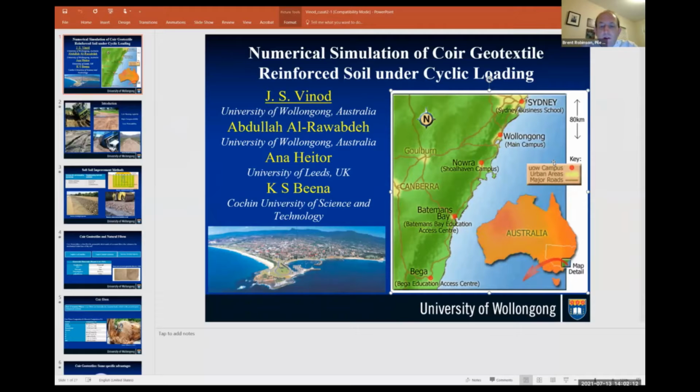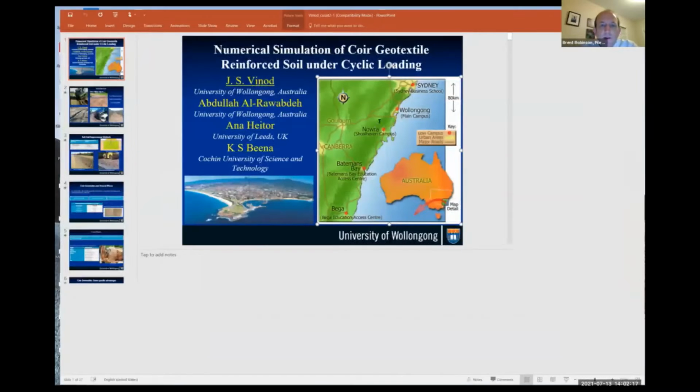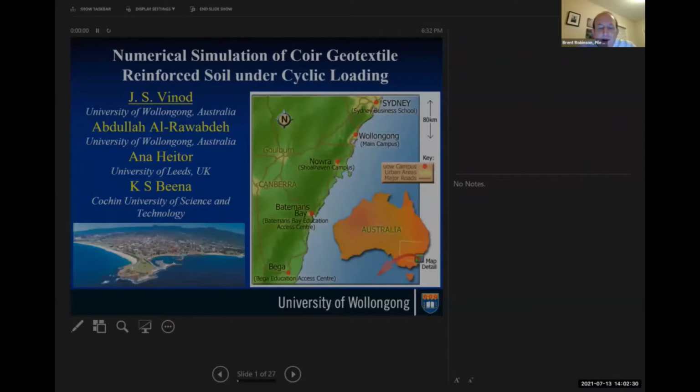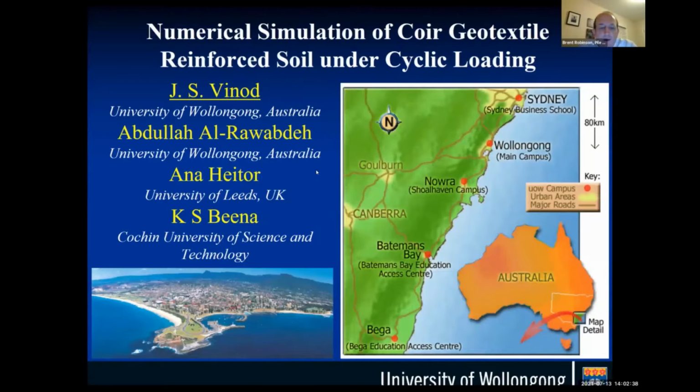He received his doctoral degree in geotechnical engineering right here in Bengaluru at the Indian Institute of Science, and then worked as a research fellow there and at the University of Wollongong before joining as a lecturer at UOW. His research is focused, and he'll discuss with us today, on numerical modeling of granular material and soil dynamics, as well as earthquake engineering and ground improvement techniques for rails and mines.